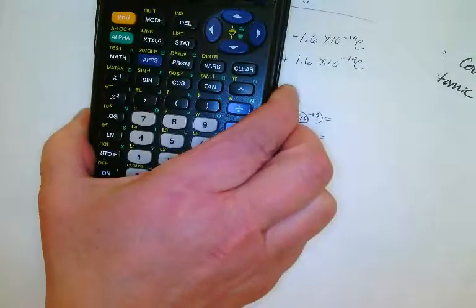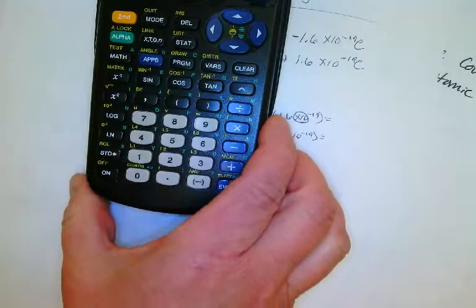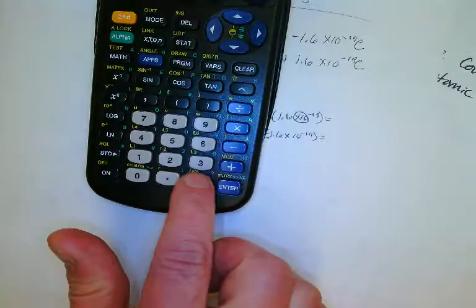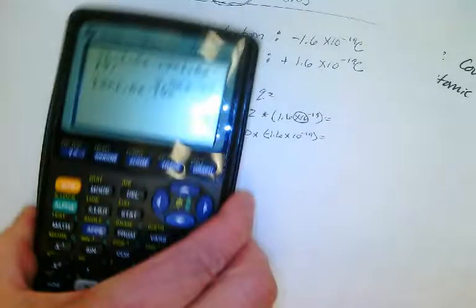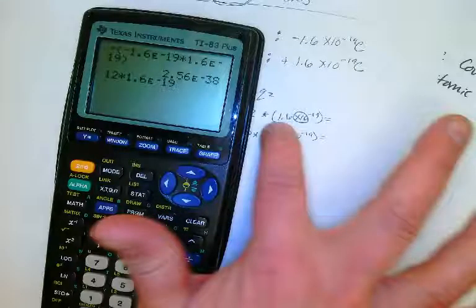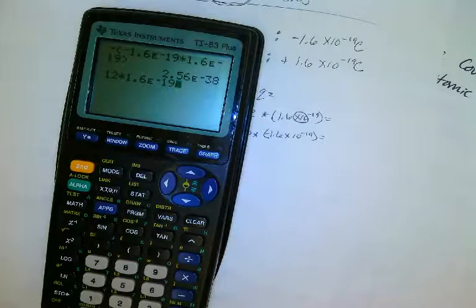So you don't have to do any fancy exponent stuff. Then you're going to put in the negative 19. So this number right here and that number right there, that's what this number looks like in your calculator. Does that make sense to you? So E means times 10 to the.